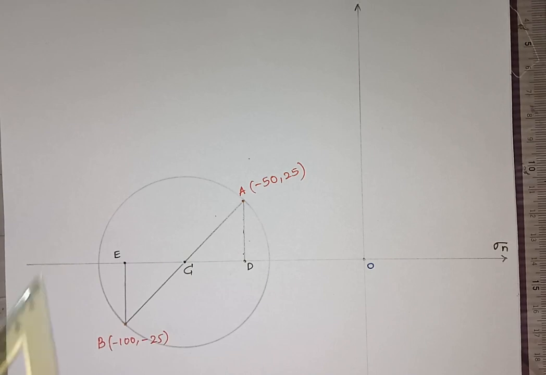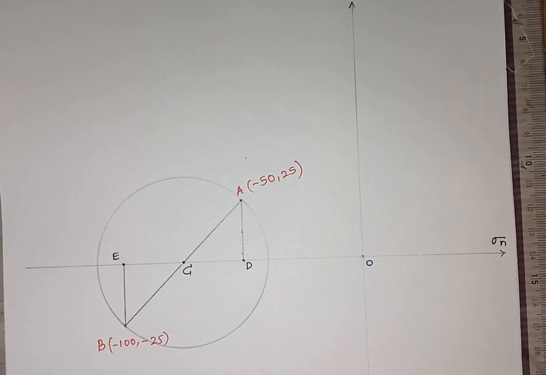Now once this is done, let us go for calculating the principal stresses, sigma 1 and sigma 2, and the maximum shear stress, tau max. Then let us calculate the resultant, then we will go for calculation of angles. Right, now before we do all those things, first let us allocate that section or the oblique plane, right?